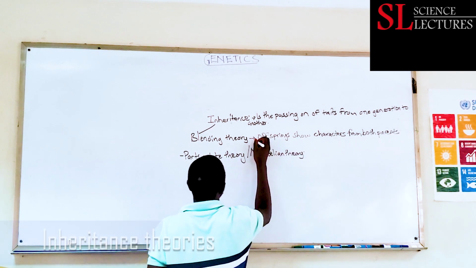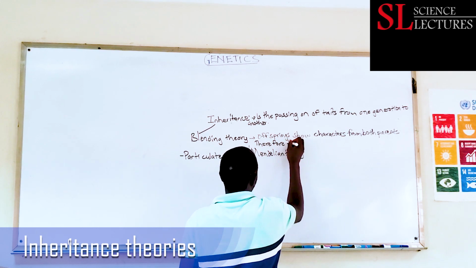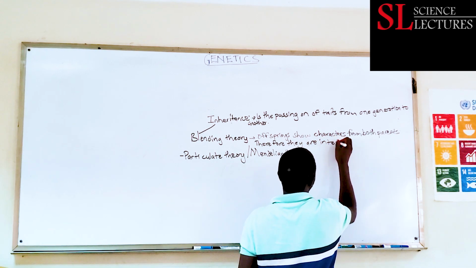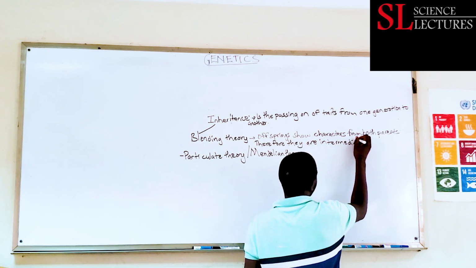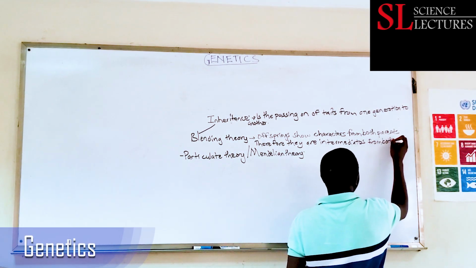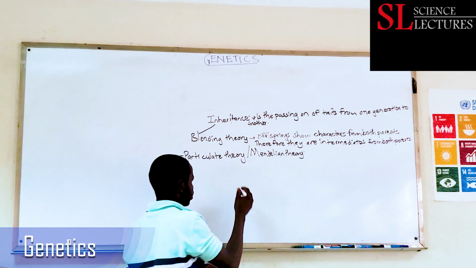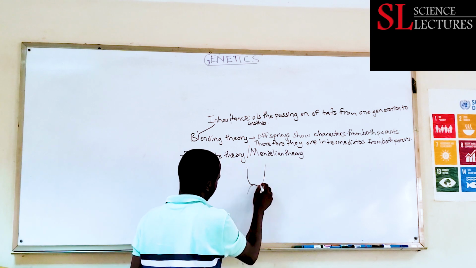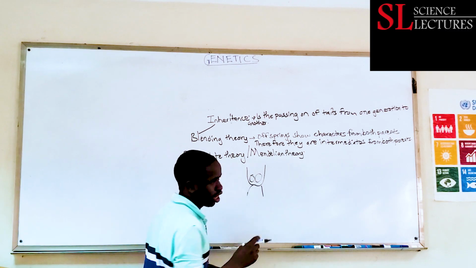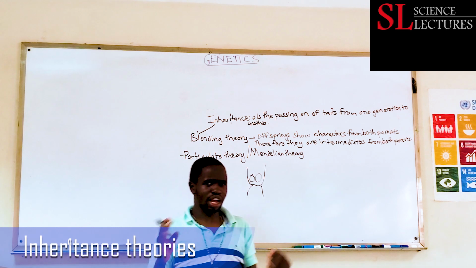Therefore, they are intermediates from both parents. For example, I'm assuming this is my blender, when I get a mango, and I also put in a watermelon, the juice that I will produce will have the color of both the watermelon and the mango.